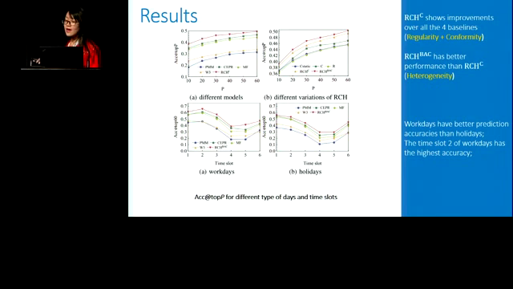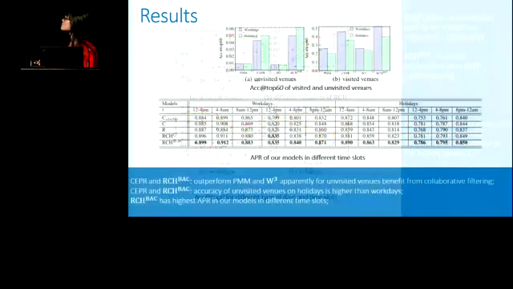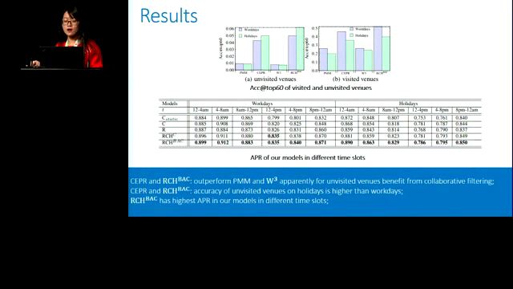And workdays have better prediction accuracies than holidays. The time slot 2 of workdays has the highest prediction accuracy. It is the morning of workdays, so the highest accuracy really makes sense. Then CEPR and RCH-BAC apparently outperform PMM and W cubed for unvisited venues, benefiting from collaborative filtering.